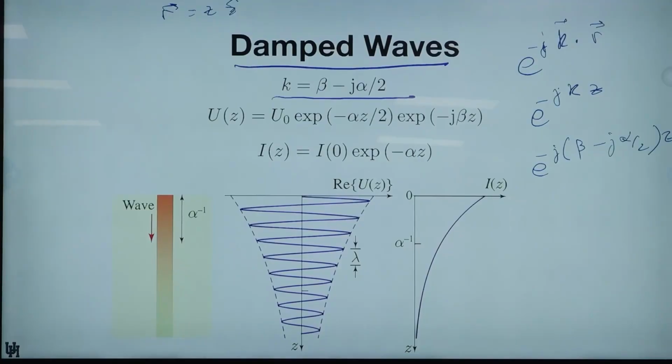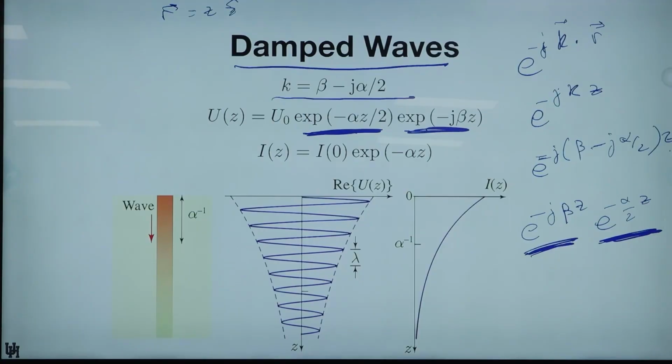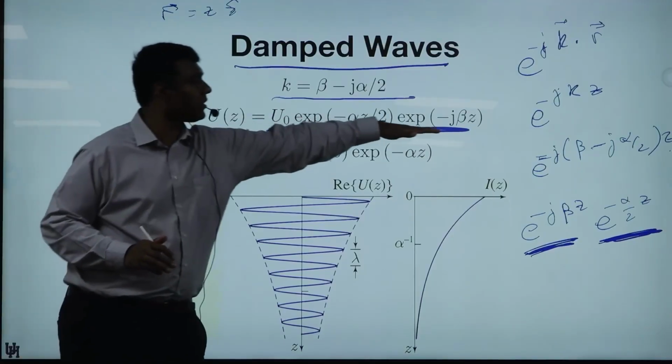Now bring the z inside, you will get e to the minus j beta z times e to the minus of minus, that is plus, then j square will again become a minus, alpha by 2 z. That's how you get e to the minus j beta z, and e to the alpha divided by 2 z. U0 is the starting field. So that's how you get this expression over here.